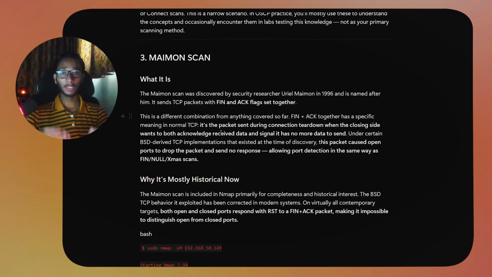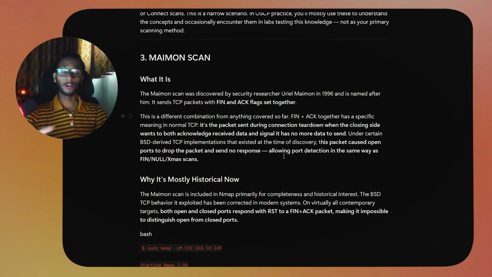And because of these two specific flags enabled in a TCP packet, when it goes to an open port, it actually drops the packet and sends you no response, which indirectly tells you that the port is open. And if the port is closed, it will send you the RST packet. Very identical to the other scans we have just talked about, but the thing is it sends the FIN plus ACK flags, right?